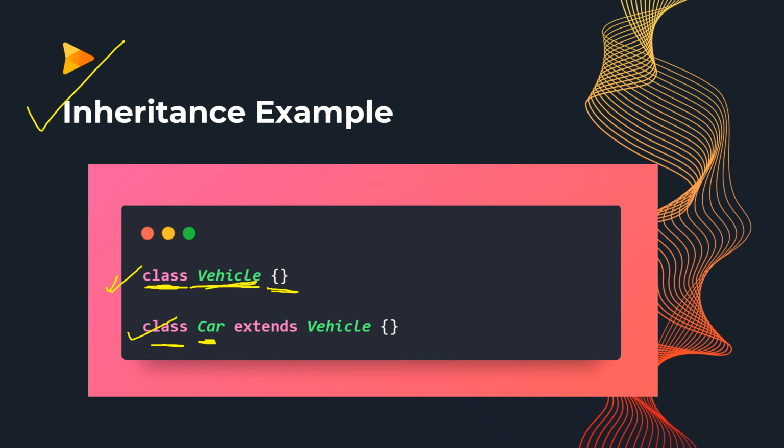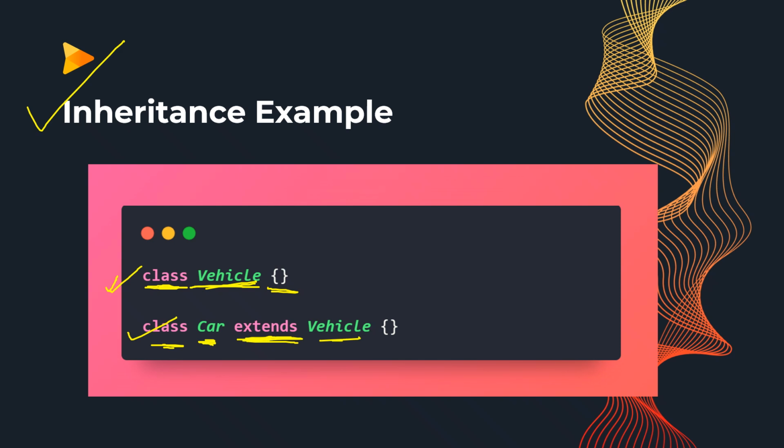Now this is very important. Understand this: extends. Extends is used to inherit the properties of the parent class into the child class. Extends is a reserved keyword in Java. So we use extends to inherit the properties of the Vehicle class. This is the syntax. We have created a class named Car, and we have used extends Vehicle.